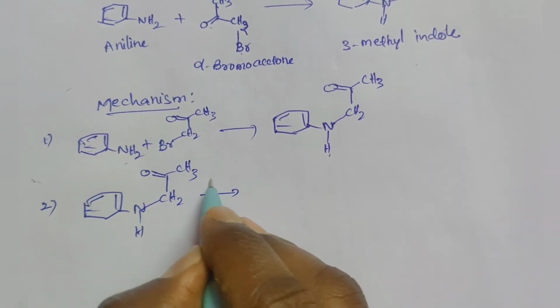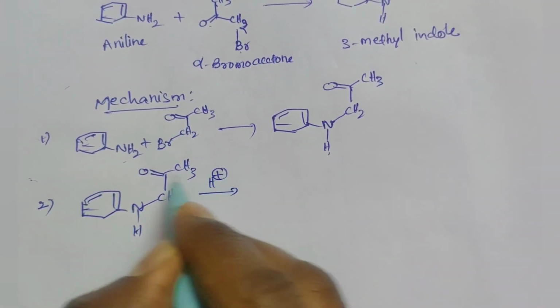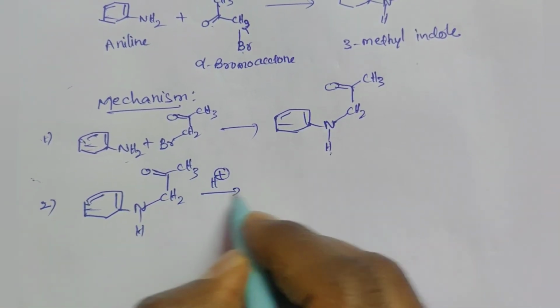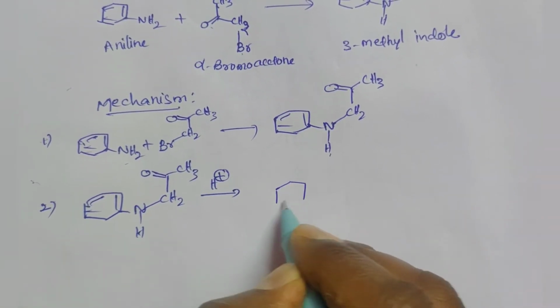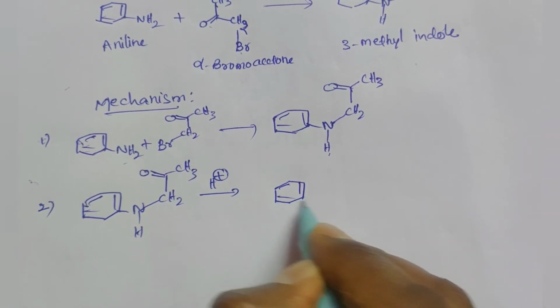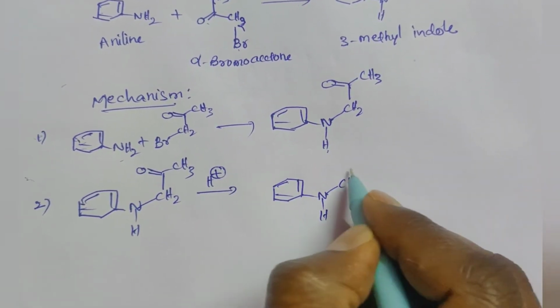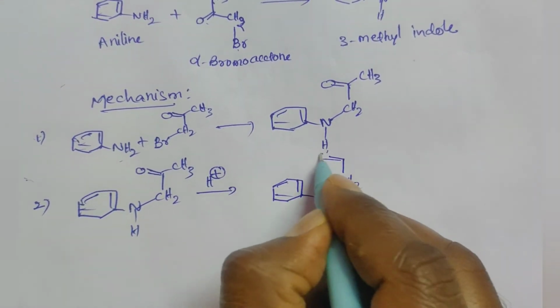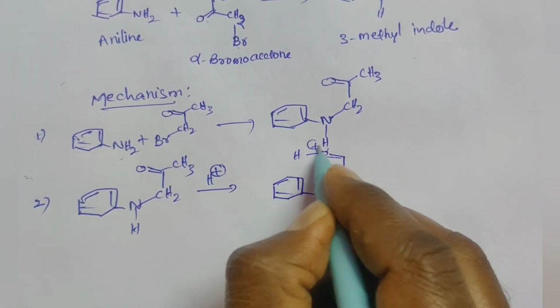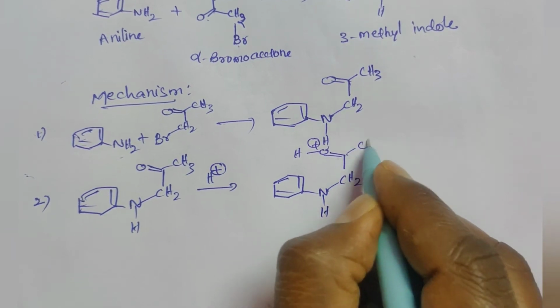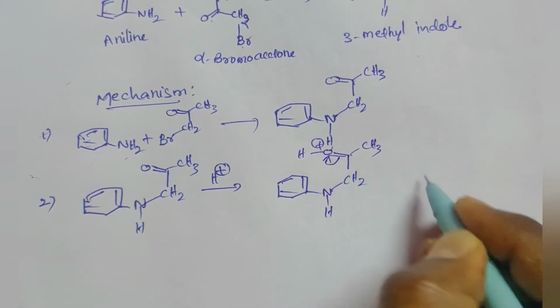So when this is treated with the acids, this carbonyl group will be protonated, and as a result we get the carbonium ion. So it becomes oxonium ion in the first step, then it changes into the carbonium ion.